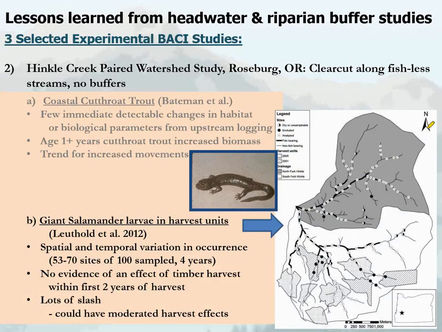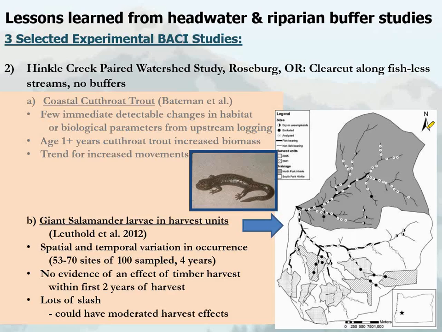For amphibians, they focused on giant salamanders, and again, they found some variation in their occurrence over the site and through time, which is now becoming a theme of a multi-state condition of these aquatic systems. But they found no evidence of timber harvest effect within the first 2 years of harvest.